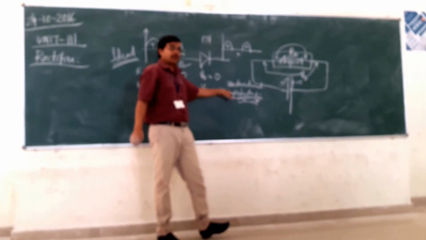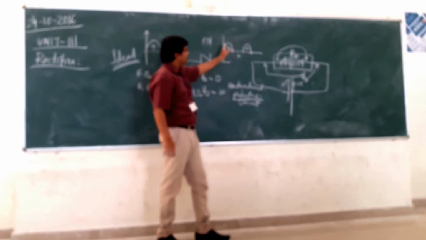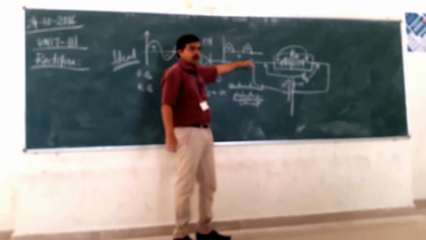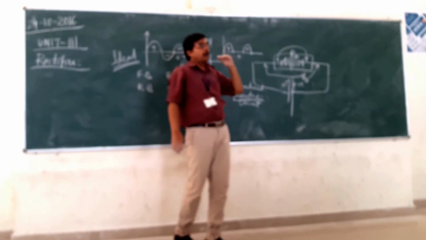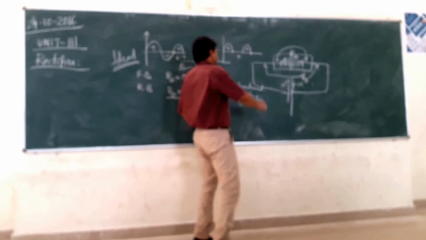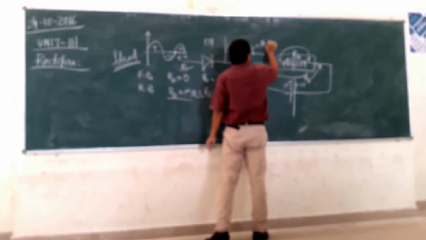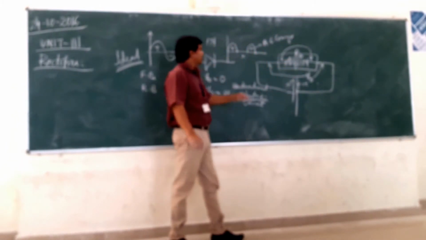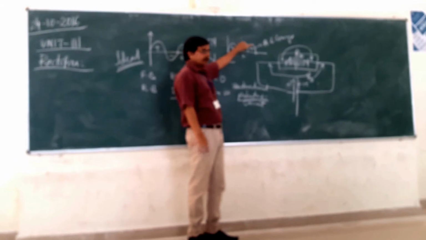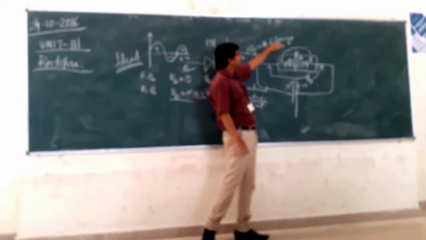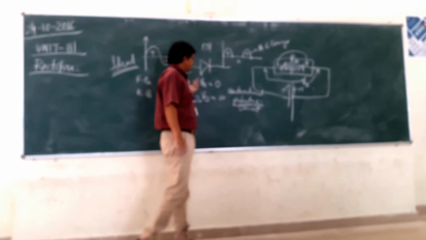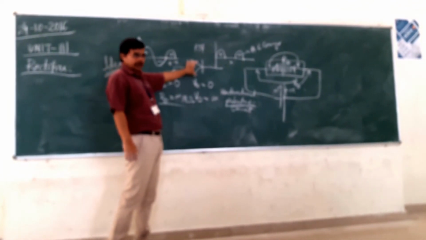Pulsating. So what is this pulsating? Pulsating means that the DC output you are having is not pure DC. In it you have an AC component also. That is the property of your diode.